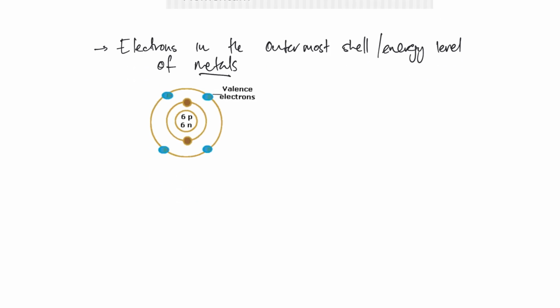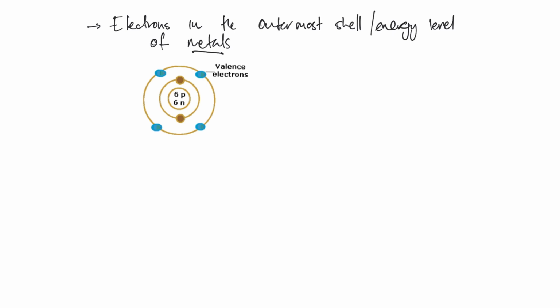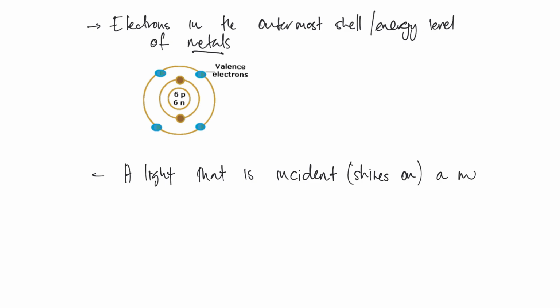So what happens in this little section is we have a light that is incident. Incident means it shines on a metal.